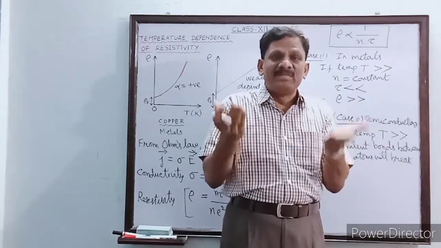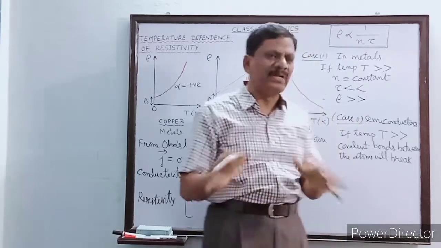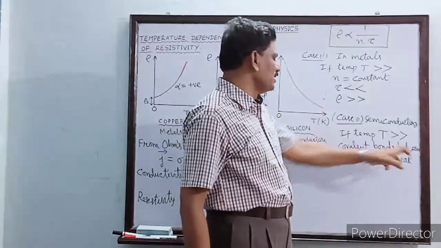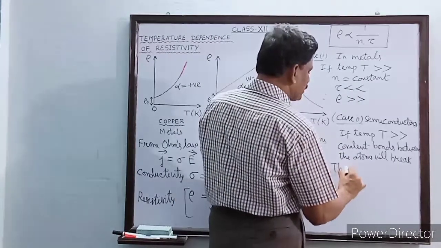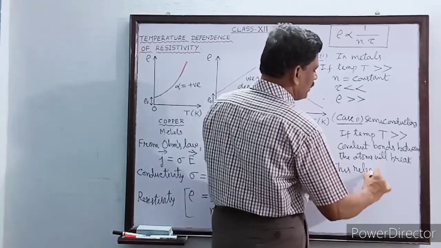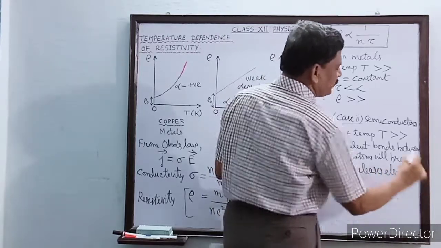So when the temperature increases, the bonds will become weak and the covalent bonds between the atoms will break. This releases more carriers, that is, additional electrons.